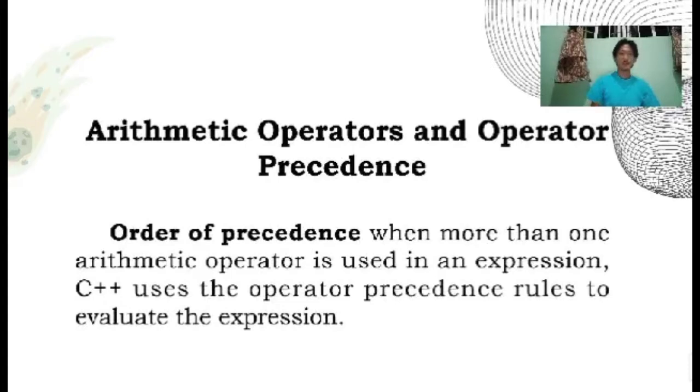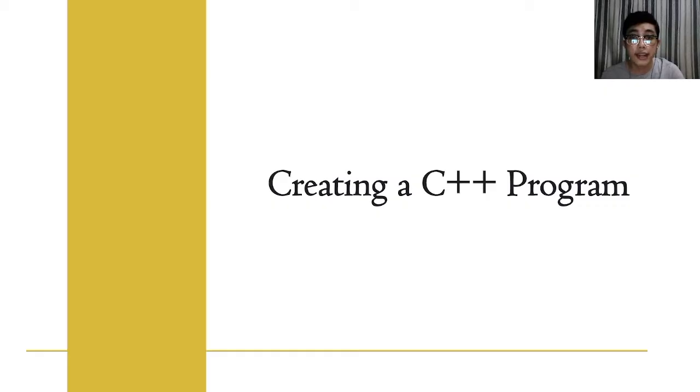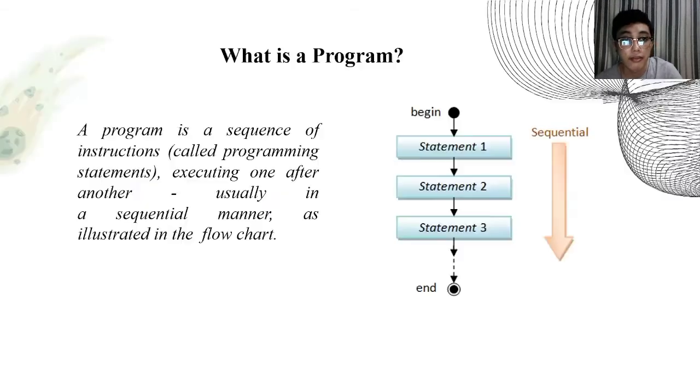Order of precedence applies when more than one arithmetic operation is used in an expression. C++ uses the operator precedence rules to evaluate the expression. That's all. Thank you.